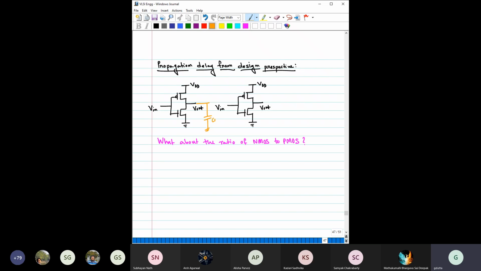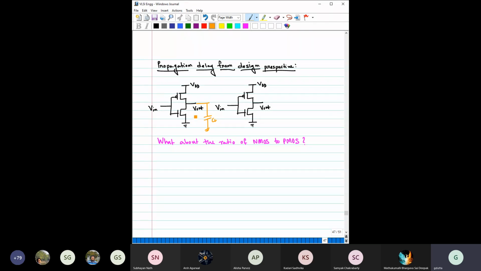When the load capacitor is charging, this CL is not changing for charging and discharging. The only thing that is changing is the transistor. So during charging it will be the resistance of this PMOS, and during discharging this would be the resistance of this NMOS, right?